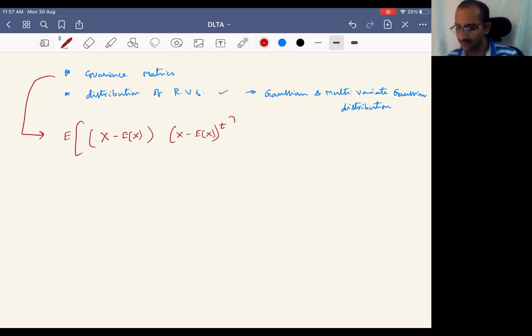The expectation of this is referred to as the covariance matrix, covariance of X. Is this definition fine? The covariance is a matrix. This is D cross 1, this is 1 cross D, and the covariance matrix is D cross D. That is usually the case.